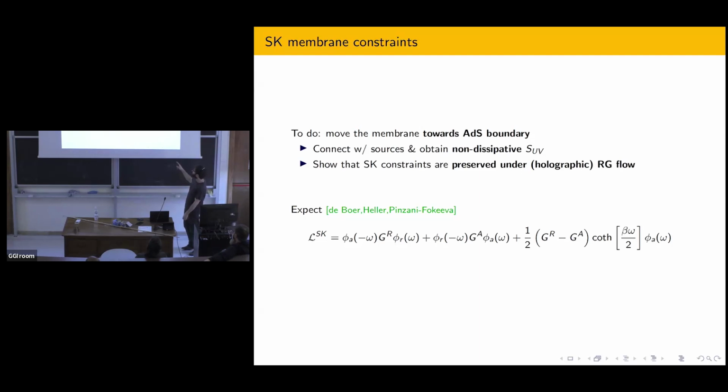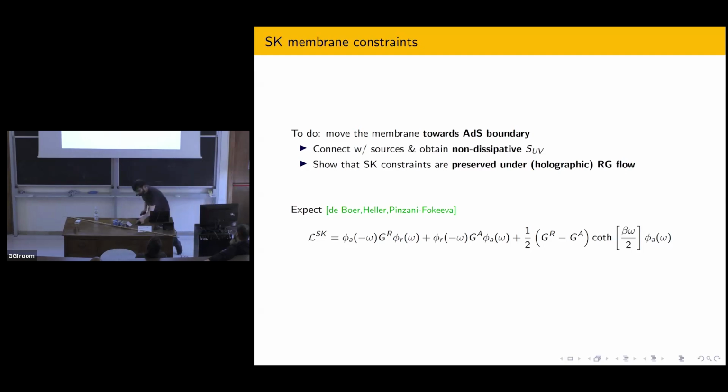I'm missing a square here. The fact that the coefficient of phi_a squared is given by G_R minus G_A times this cotangent is an incarnation of the KMS symmetry. Okay, these are the expectations.